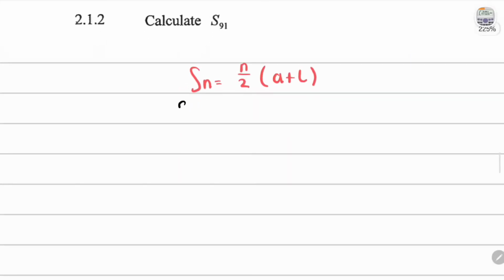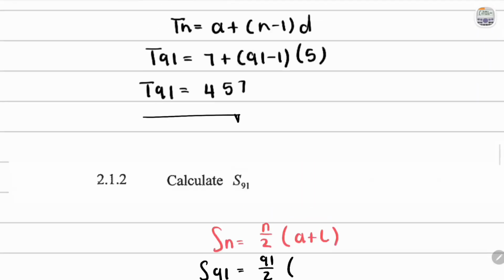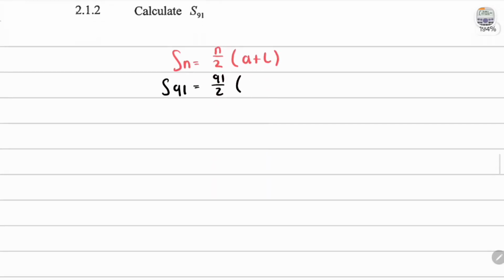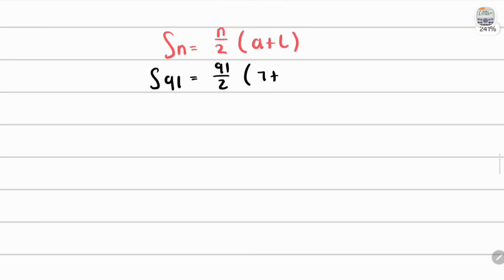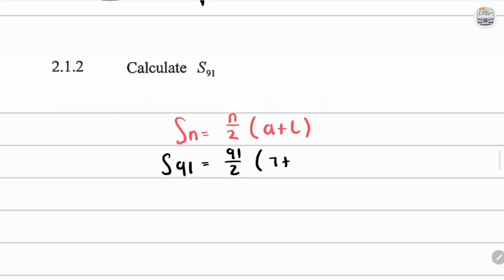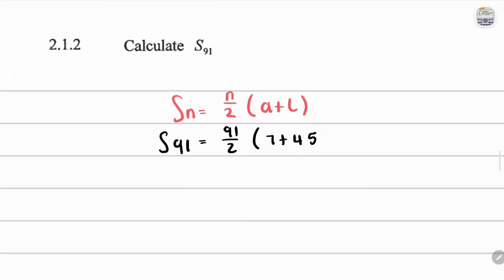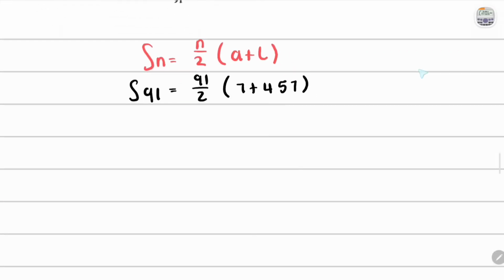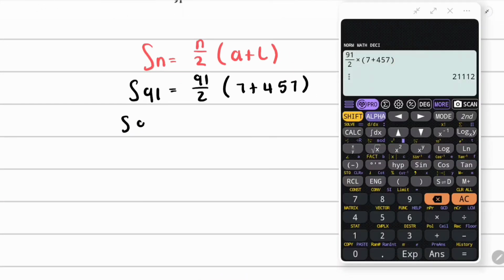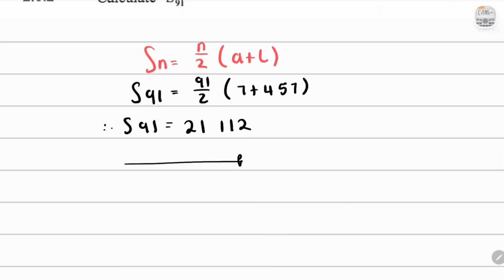So S of 91 is equal to 91 over 2, and then a plus l. A is 7 because that was the first term. So 7 plus 457, and we can just go ahead and find out what this is. And our answer, the sum of 91 terms, is therefore 21,112, and that is our answer.